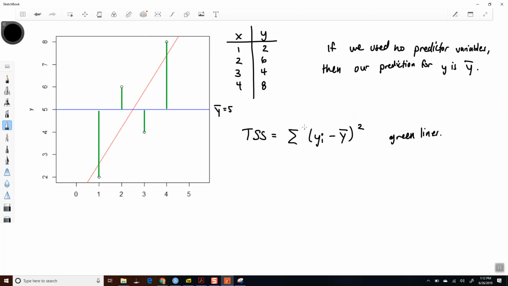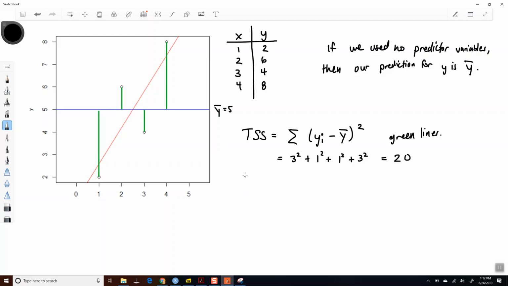And so we would get something like this has a distance of 3, so we'd have 3 squared plus 1 squared plus 1 squared plus 3 squared. So our total sum of squares is 20.